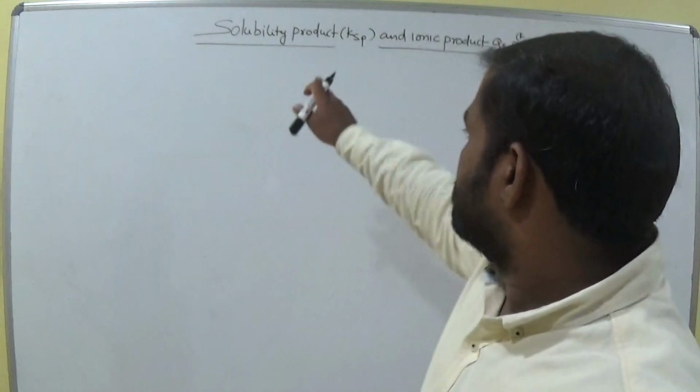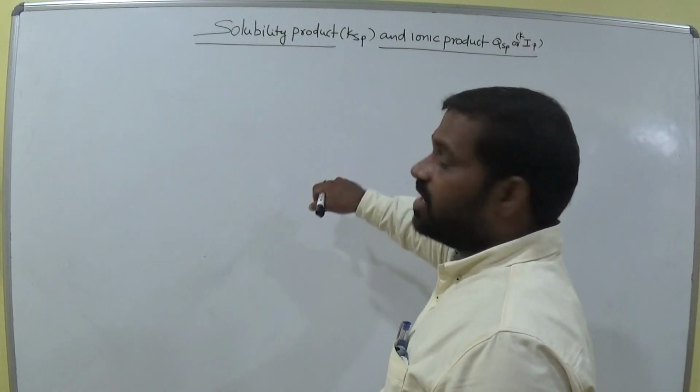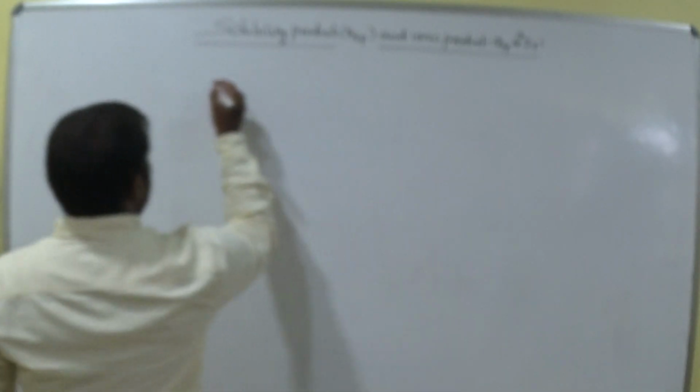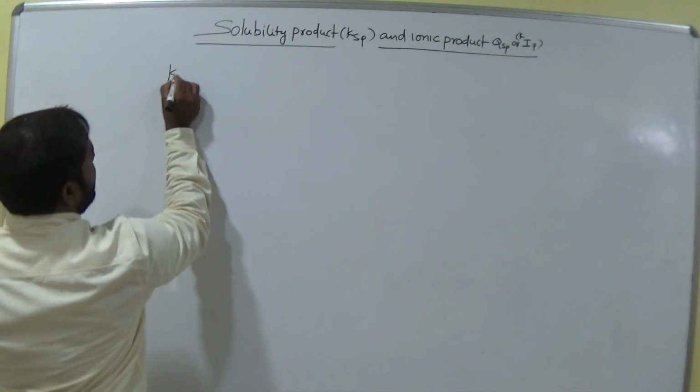Let's see next. Solubility product KSP, we know already. And what about ionic product and its relations? Very, very important. KSP means solubility product.